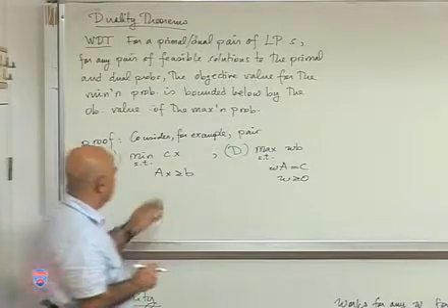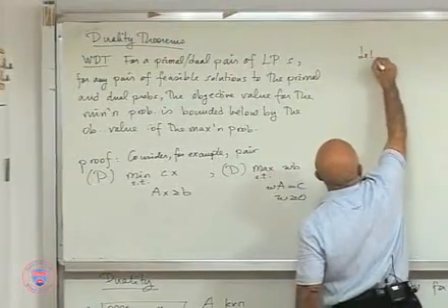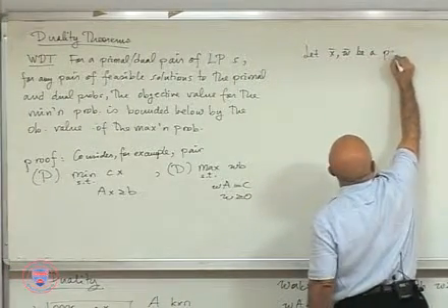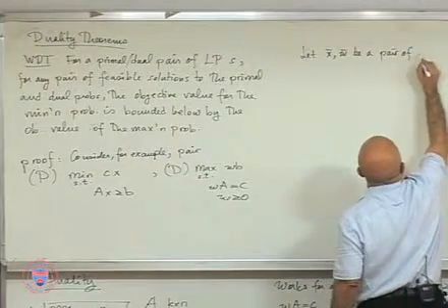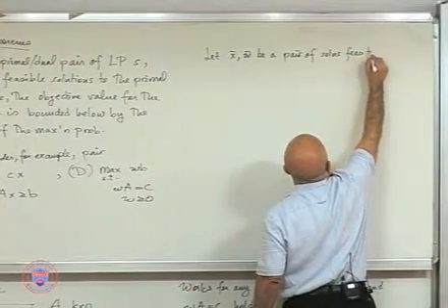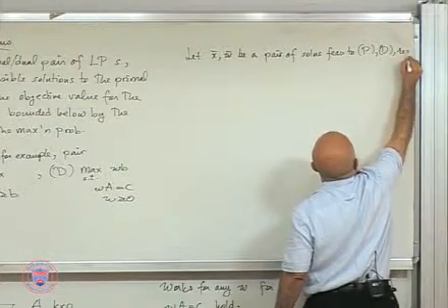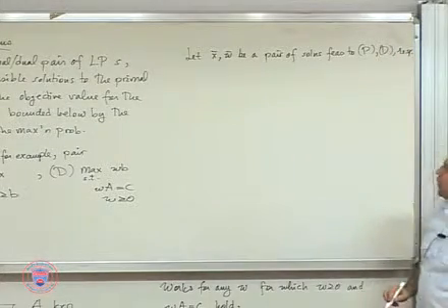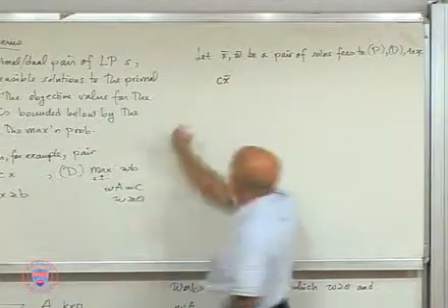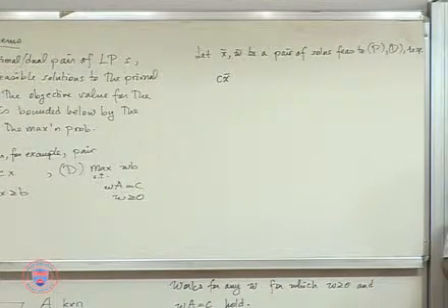This was the initial pair I gave you at the very beginning. Okay, so for this pair, let's just pick a pair of solutions. Let x bar, w bar be a pair of solutions that are feasible to P and D respectively. Given this, the objective function value of x bar is Cx bar.